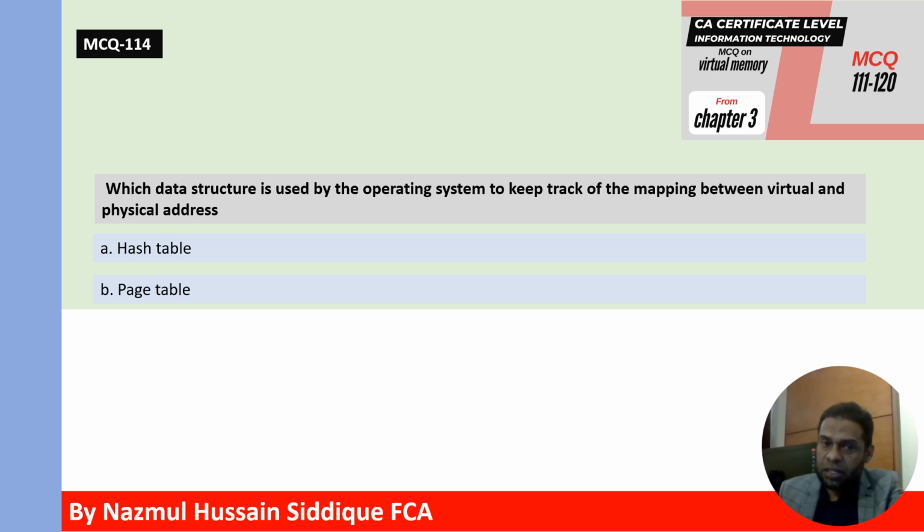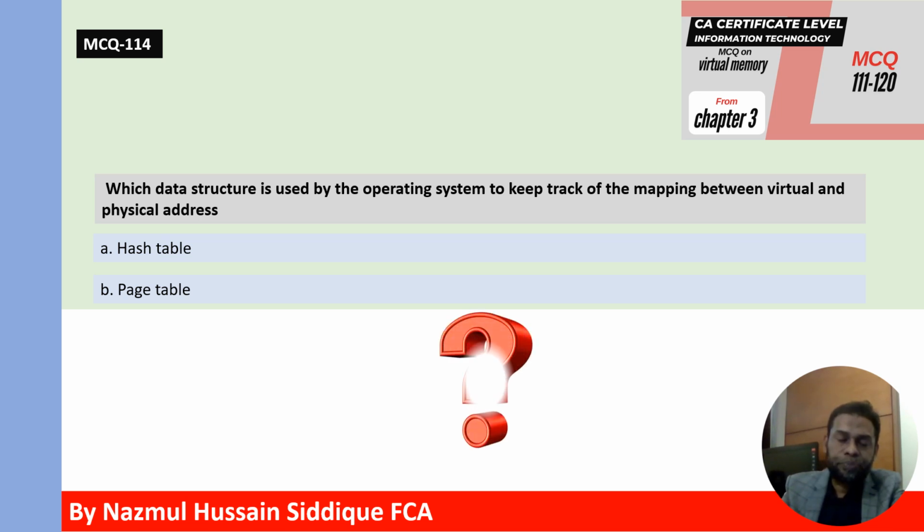It's the data structure used by the operating system to keep track of the mapping between virtual and physical addresses.